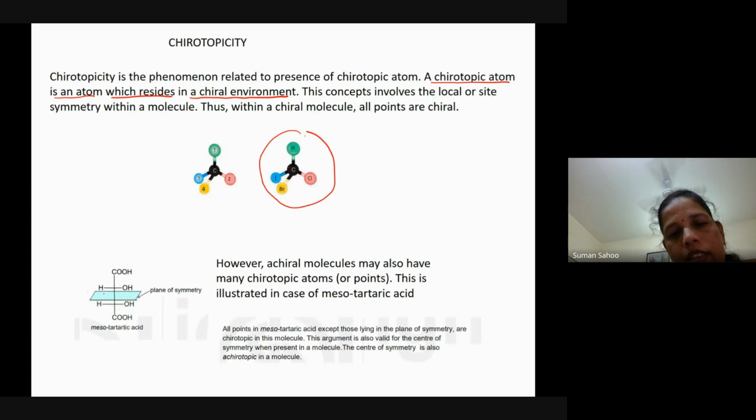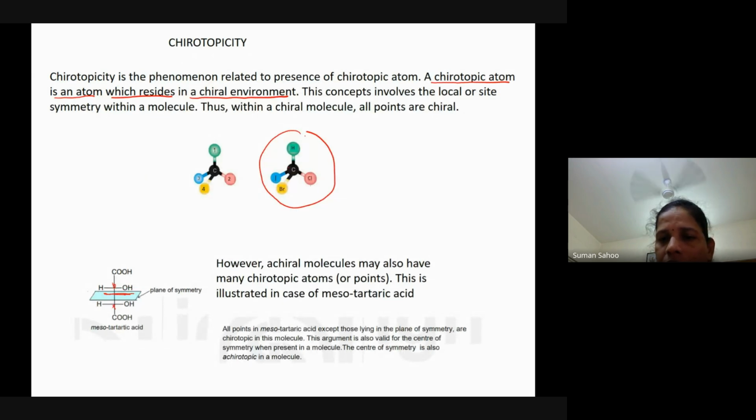So this compound is not chiral, although you have stereogenic centers, which we already checked. These have stereogenic centers, but that is not a chiral molecule. In this case you have a plane of symmetry, so here you do not have any chiral environment.